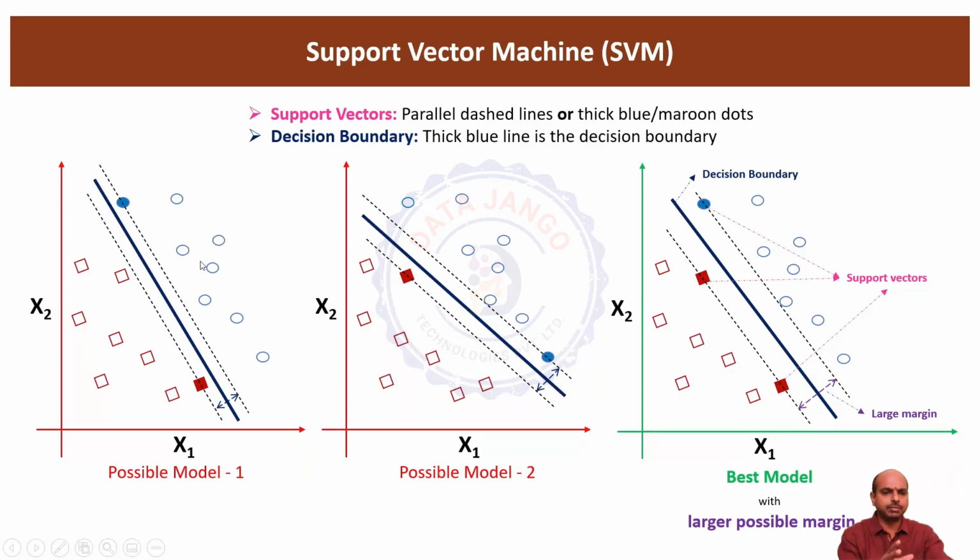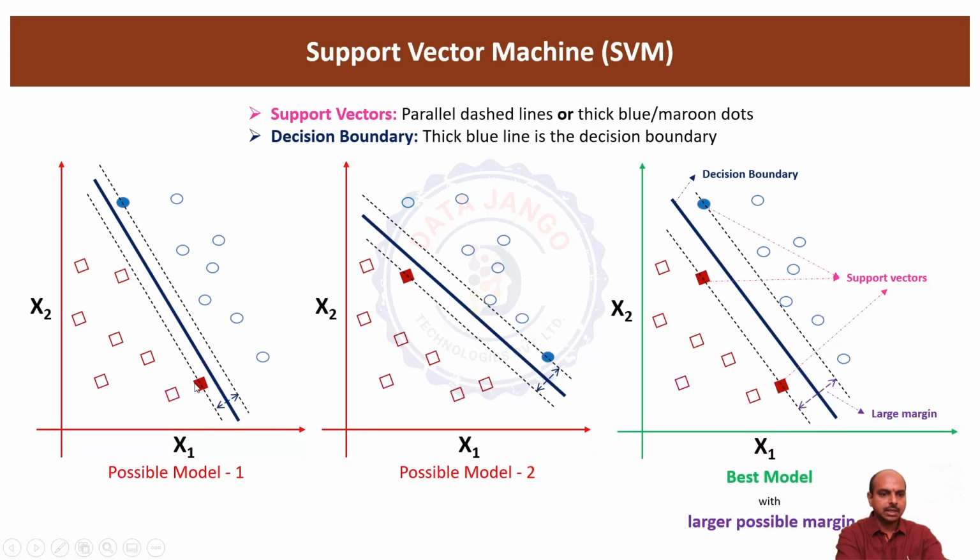Suppose that there are m number of data points belonging to two different classes. If the algorithm chooses this data point as a support vector and this data point as a support vector from two different classes, they are kind of special candidates from two different classes.